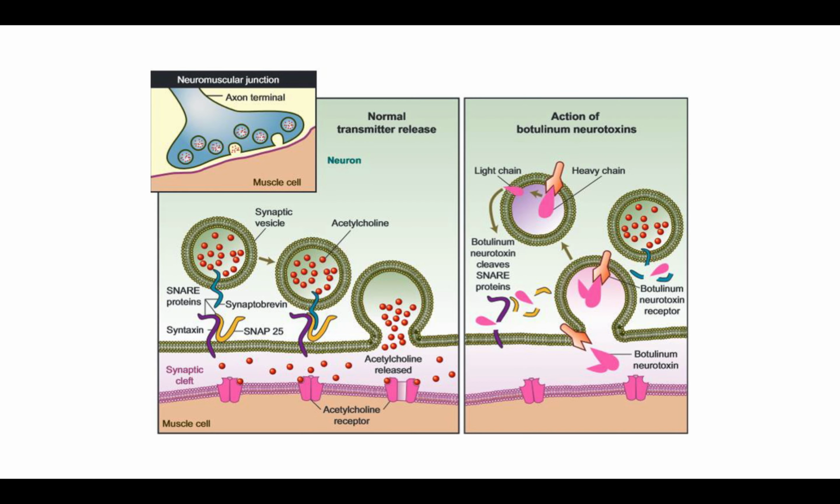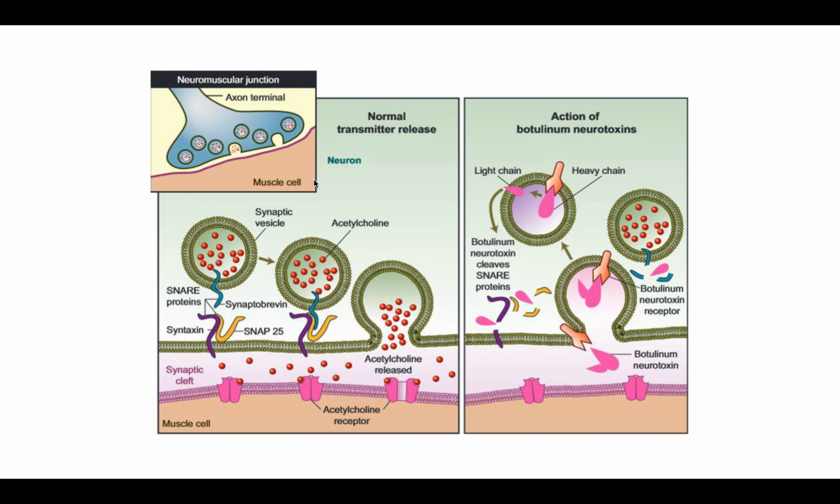So, as one can see in the top left corner, the neuromuscular junction with the axon terminal in blue, and in pink is the muscle cell. The little hot pink inside of the green vesicles is the acetylcholine, and one can see that the acetylcholine is normally just naturally leaving the cell through exocytosis.